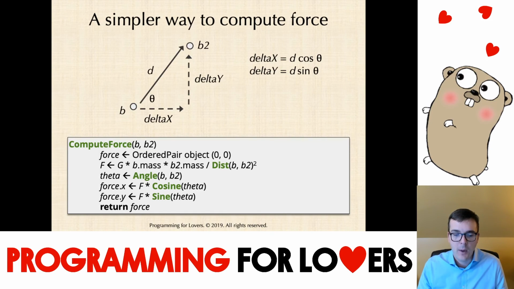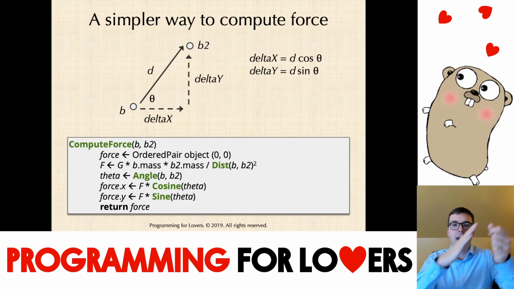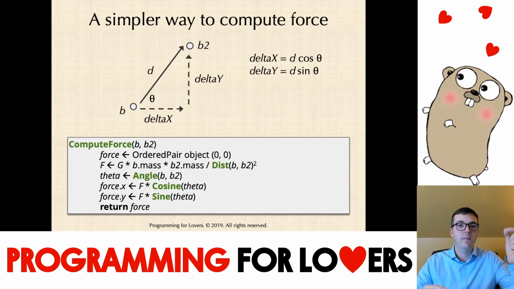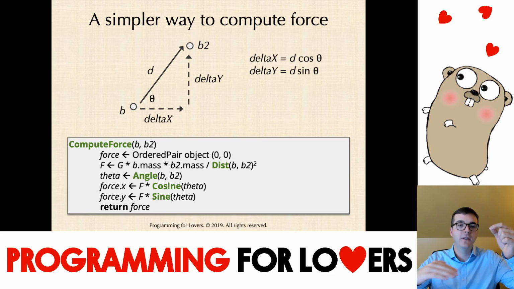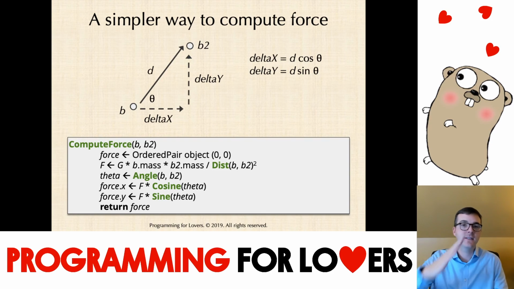I want to point out that if I've got a body B and a body B2, and I know the distance between them, so ignore the force for a second, but I can compute the distance between them according to the distance formula. And if I know the angle theta, then I get that delta x, the change in x between B and B2, is equal to d, the distance between B and B2, times cosine of theta.